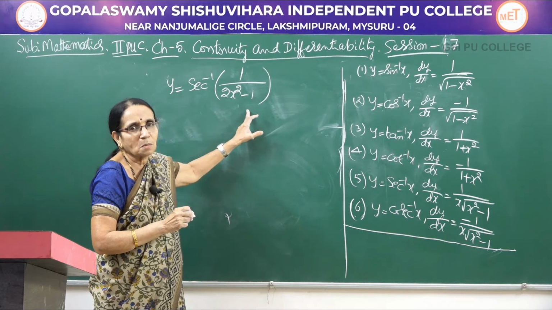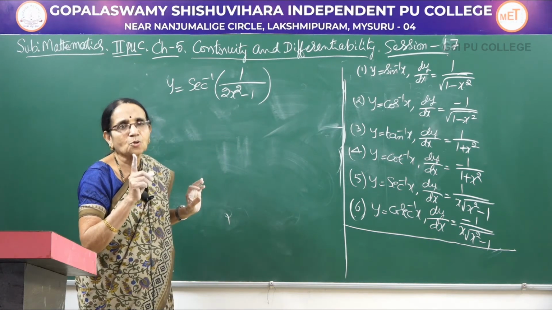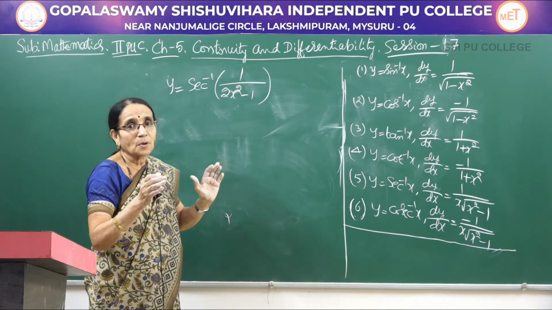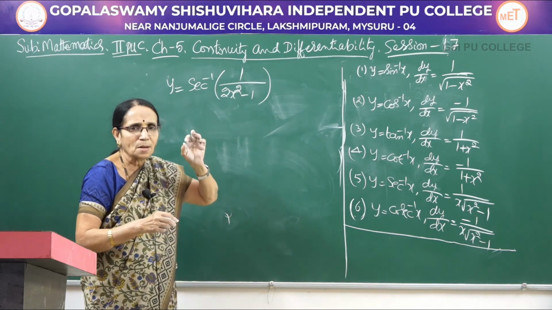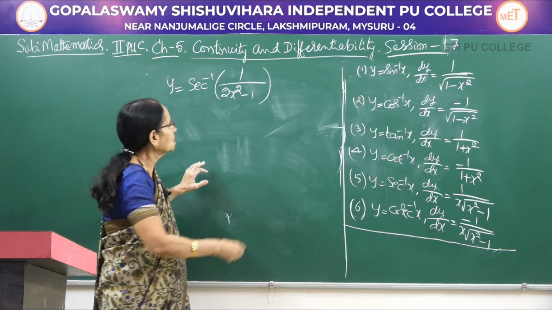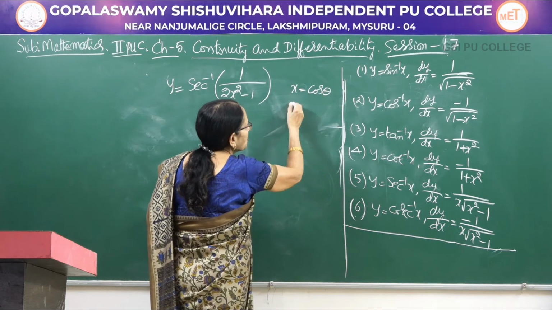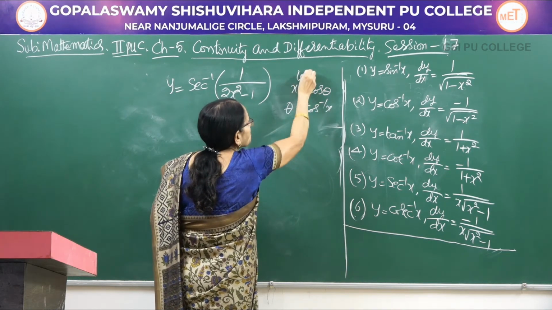Suppose you had here 1 minus 2x square, then you should have taken x to be sin theta. That's why I told you, you cannot have a common substitution for all the problems. Looking at the terms, you have to think a little bit and write. Now let x be equal to cos theta, which implies that theta is equal to cos inverse of x.